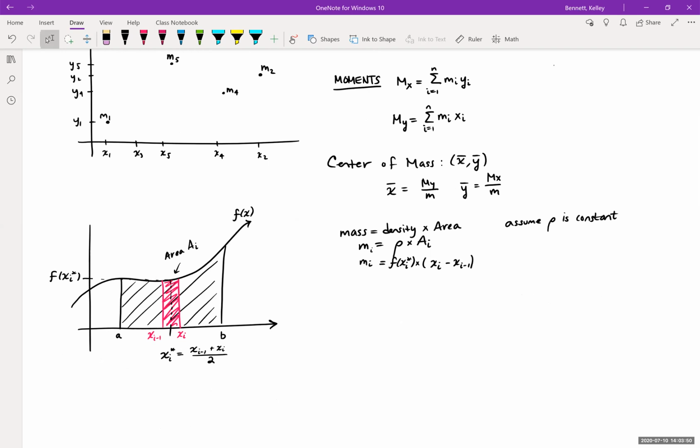So M, the total mass, is approximately, given we have a good partition, the sum of all of our masses, so we can go from i equals 1 to n of, oh, I forgot a rho. So that was the area, sorry, and then we have to add a rho in here.